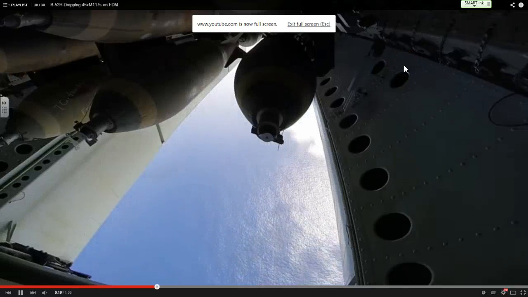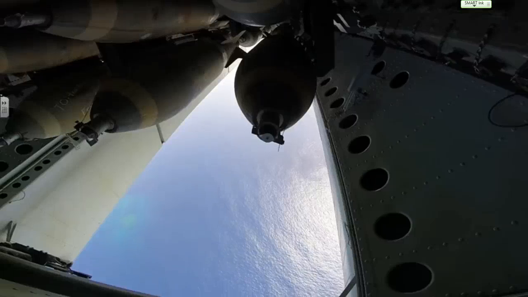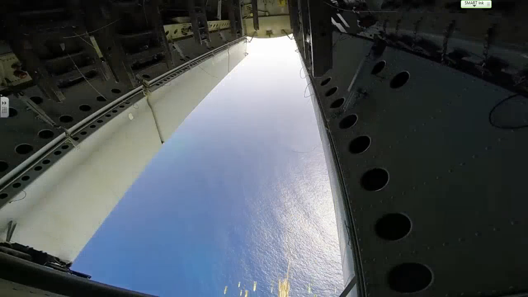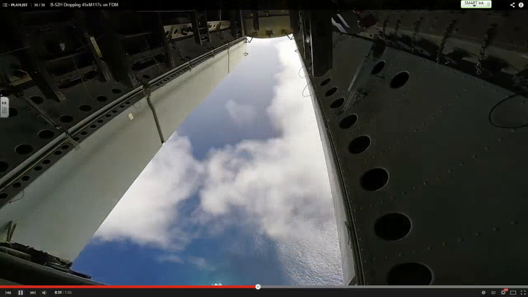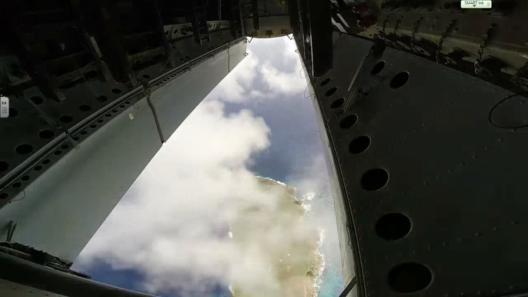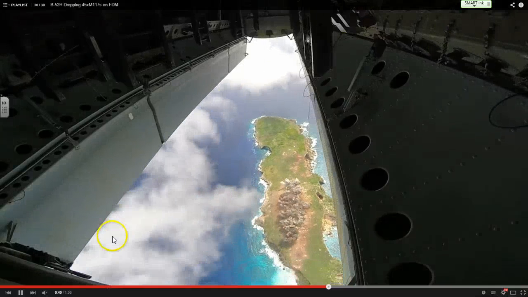And notice how they stay perfectly right below the plane. The bombs move forward at a constant speed as the plane is moving forward at a constant speed. And you see those bombs down there. They're staying at a constant speed until they hit the ground directly below the plane. Isn't that wild?